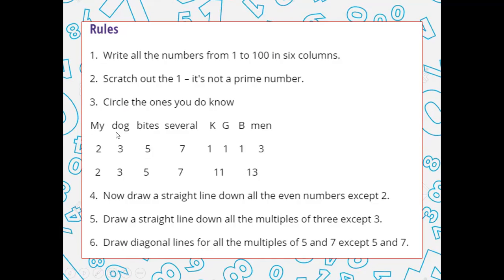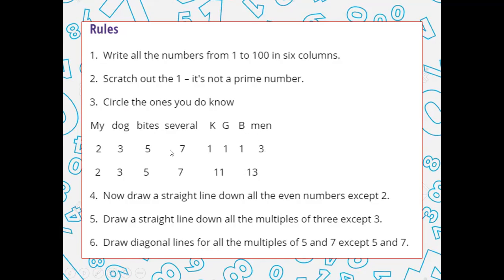DOG has 3 letters. BITES has 5 letters. SEVERAL has 7 letters. Let's take K as 1 letter, G as 1 letter, and B as 1 letter, and MEN has 3 letters. So let's put 3 down there.